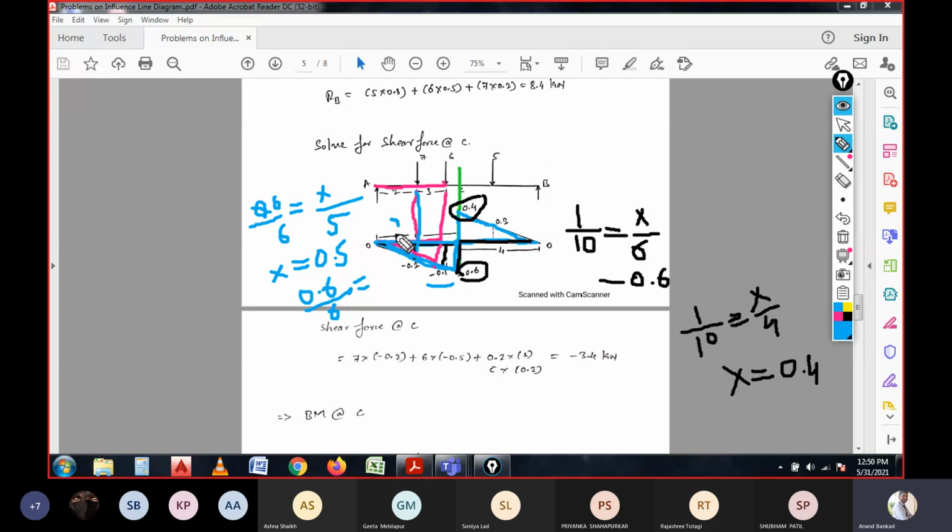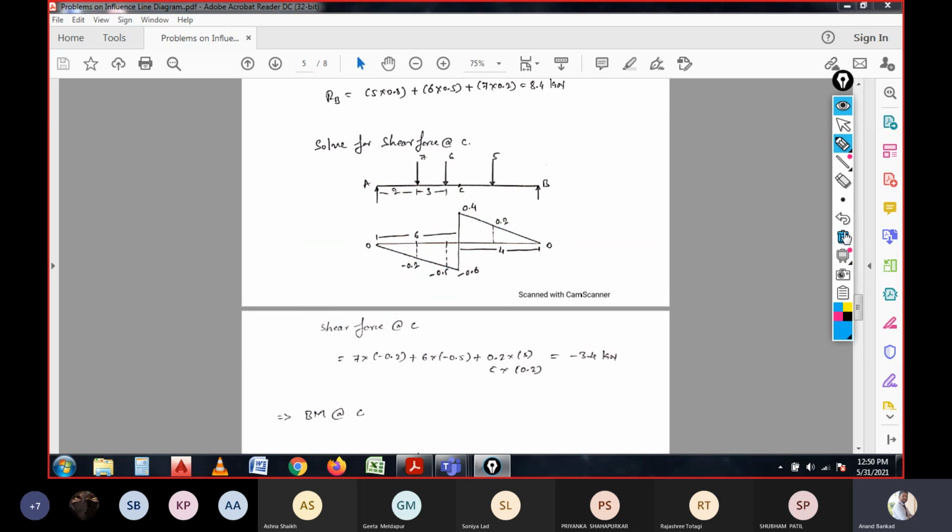This section has a 2 meter span, so in this 2 meter span the height needs to be calculated. The height is unknown, the span is 2 meter at this triangle. If you calculate this equation, then x will be 0.2, and it is written with a negative sign because it is taken in the downside. So this is how we calculate the coefficients.